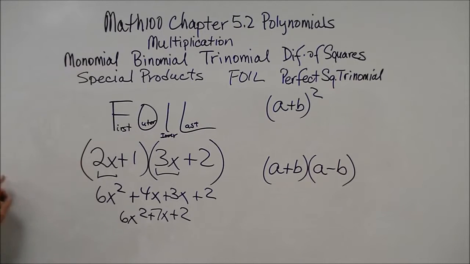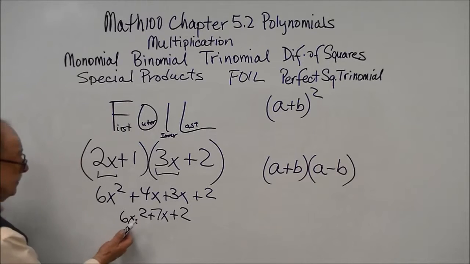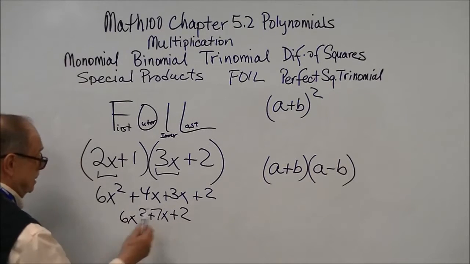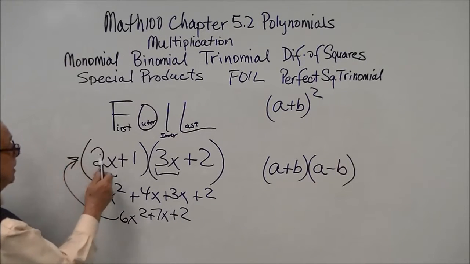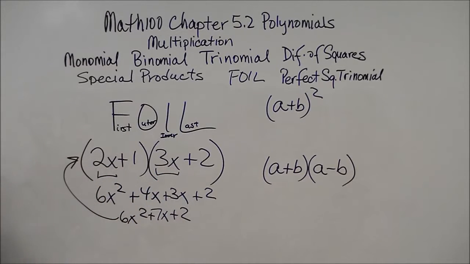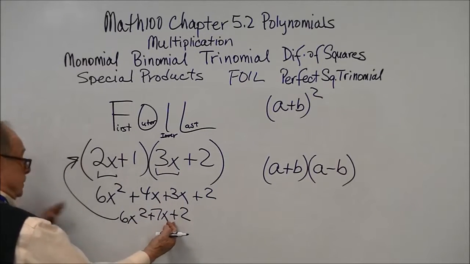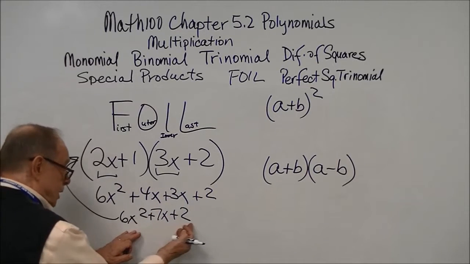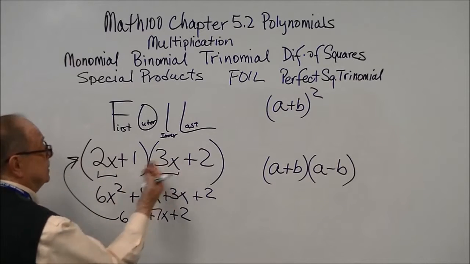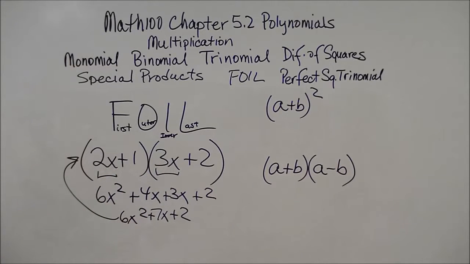Now, why is the FOIL important? Because later, they're going to ask us to factor this into its common factors. And we need to know the FOIL to sort of undo the trinomial to get it into the binomials.